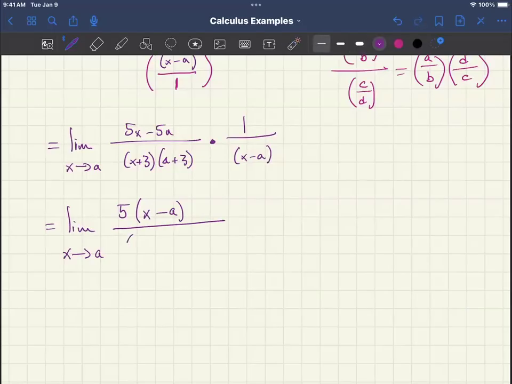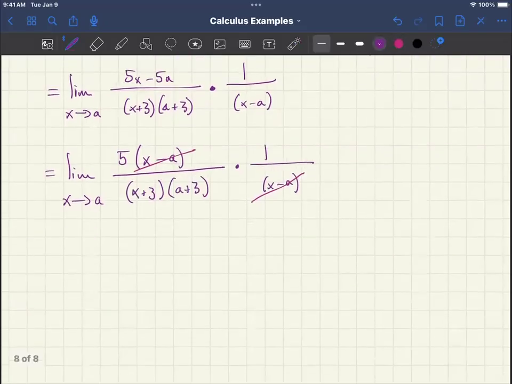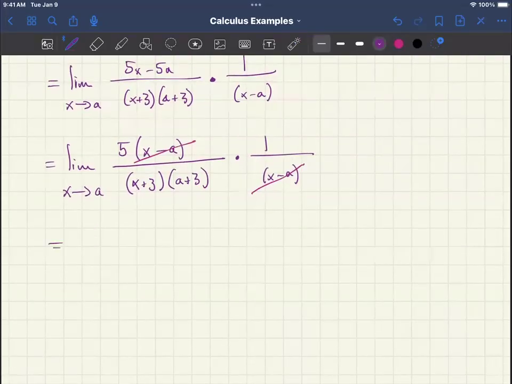So we had to do all this work. 5 over x plus 3, a plus 3, times 1 over x minus a. And now we see that because we're multiplying, those 2 terms are going to cancel each other out. Isn't that lovely? And we end up with the limit as x goes to a of 5 over x plus 3 times a plus 3.